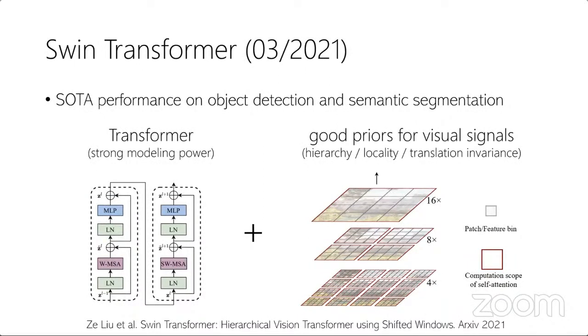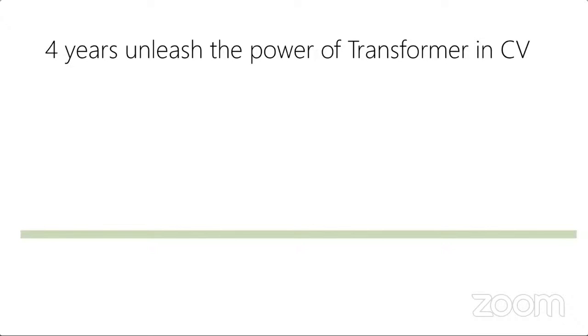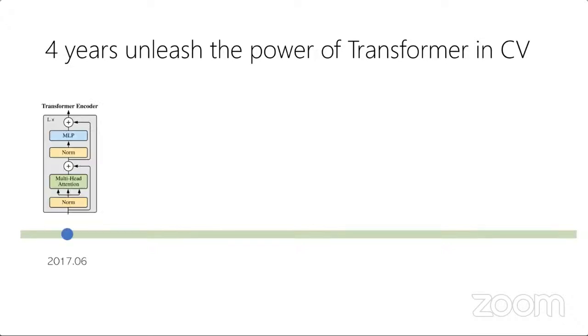Both the ideas of Swin transformer and ViT are very simple. However, the road towards these architectures took 4 years. In fact, soon after transformer was invented in the NLP field 4 years ago, the computer vision community started to tame this architecture for computer vision.